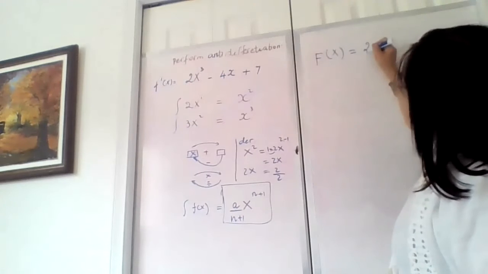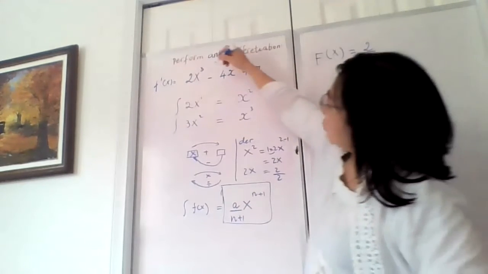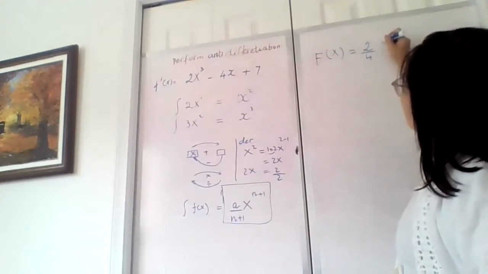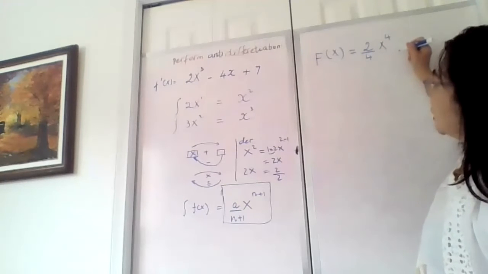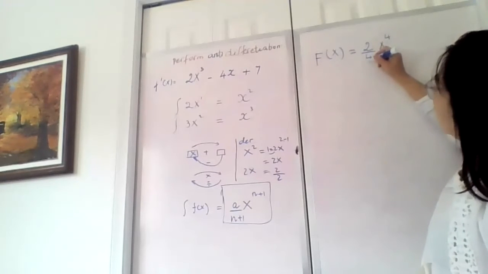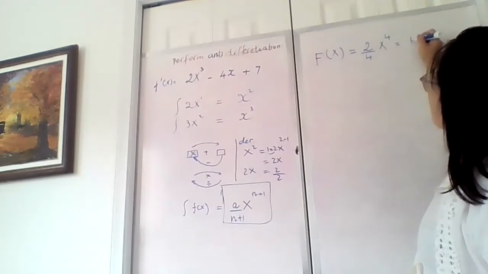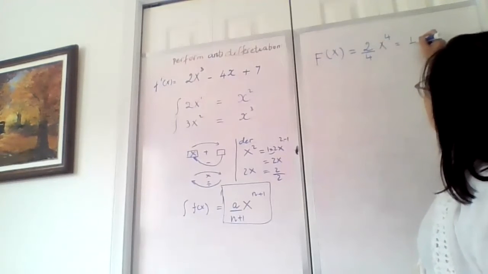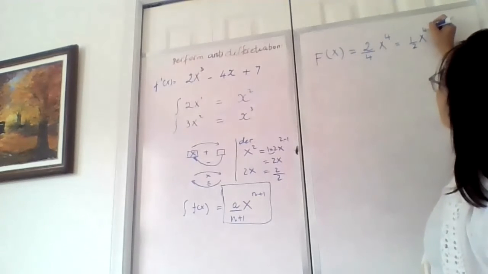So this number 2 will be divided by 4. The answer is 2 over 4, which is 1/2 x to the power 4.